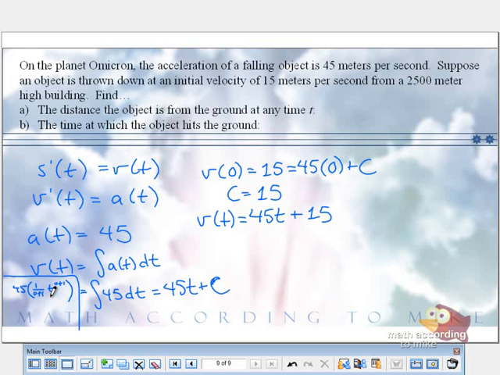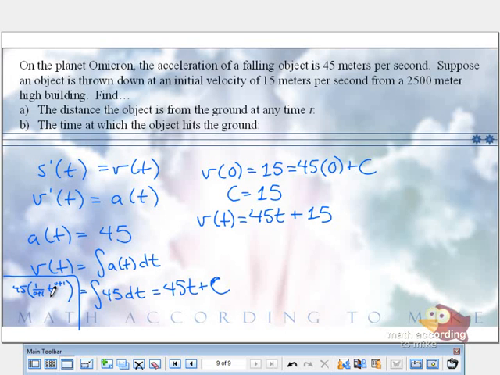Now here's the hitch. Notice the object is being thrown down, which means it's getting closer to the ground. In other words, the distance from the object to the ground is decreasing. So right now, since time is always non-negative, that would make our velocity a positive number. We don't want a positive velocity.